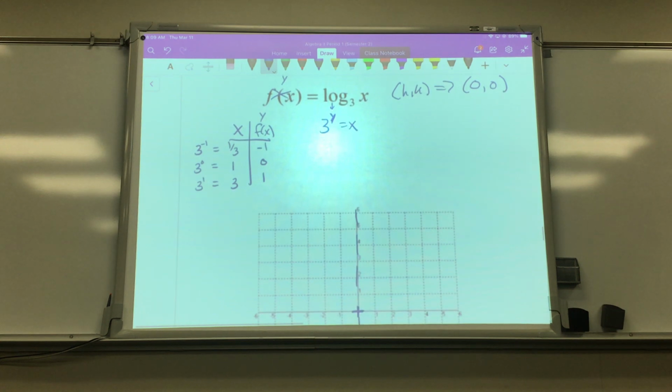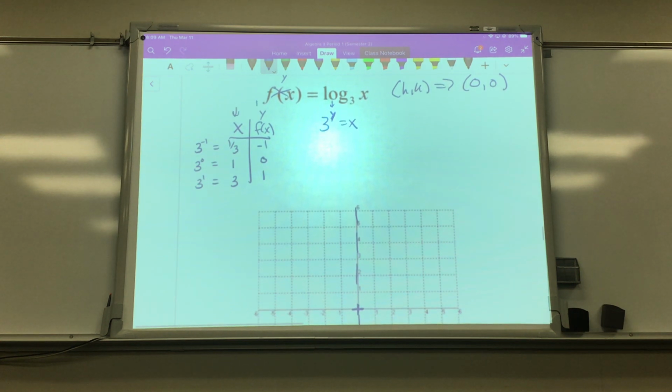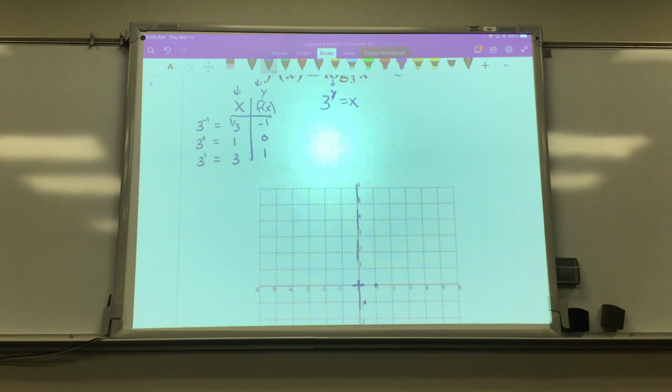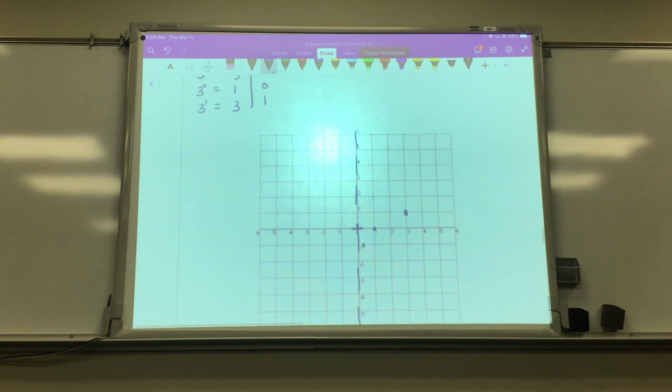So then again, there's my x column and y column: right 1/3, down 1; straight right 1; and then right 3, up 1. You just need 3 points.